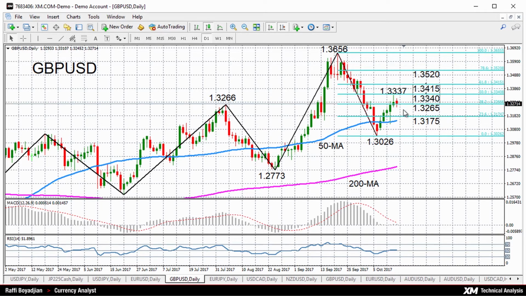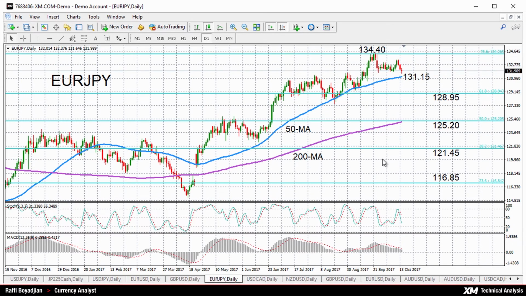If we do see today's downside momentum gathering pace, we could potentially see support coming at the 23.8% Fibonacci at 1.3175, whereas a break below 1.3026 could open the way to the August low of 1.2773. And finally, the Euro-Yen.